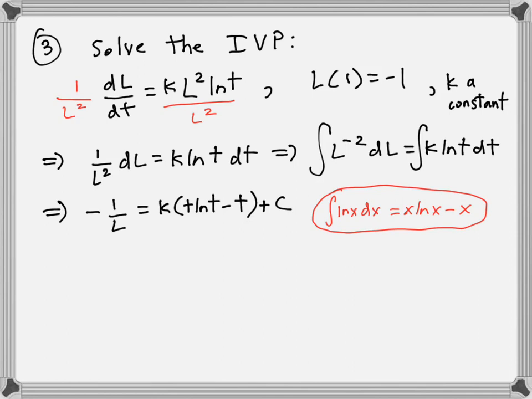So from here, we could get L by itself, but actually our goal now is to use this initial condition, okay? Let's look at this initial condition right here. This is saying that when t is 1, L is -1. So let's go ahead and plug those in so that we can find C. So if we plug those in, we get the following.